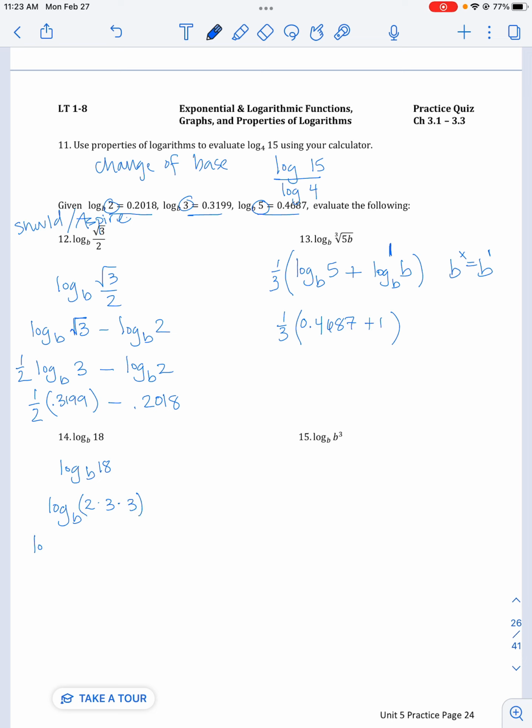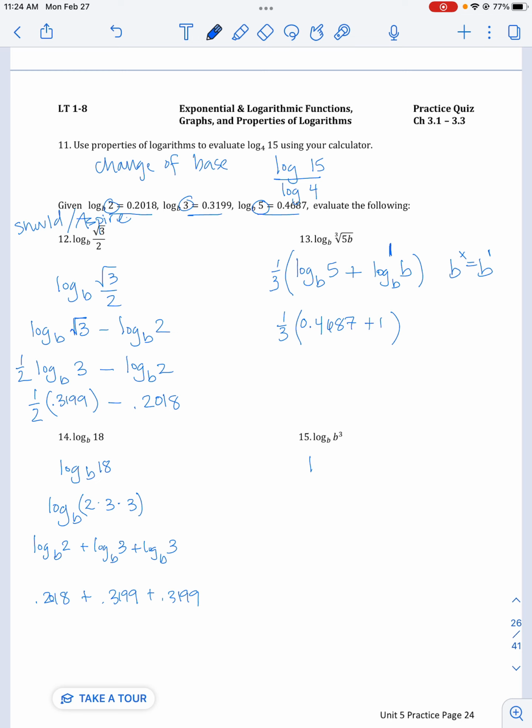So what I'm looking at here is log base b of 2 plus log base b of 3 plus log base b of 3. Now, with each of these, I can evaluate from the information that's given: 0.2018 plus 0.3199 plus 0.3199. And that's at the point of the calculator being able to solve.